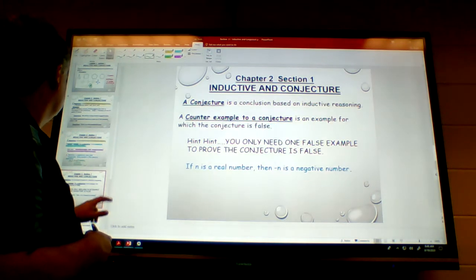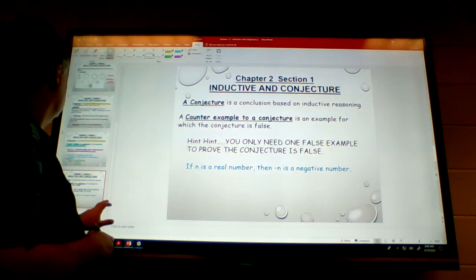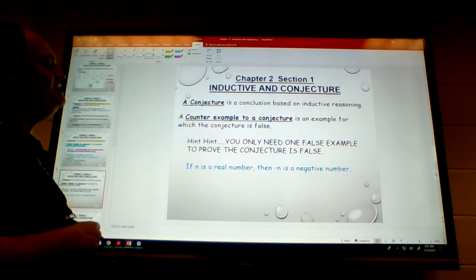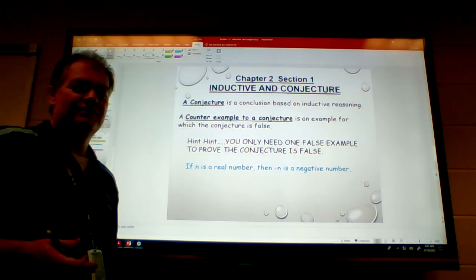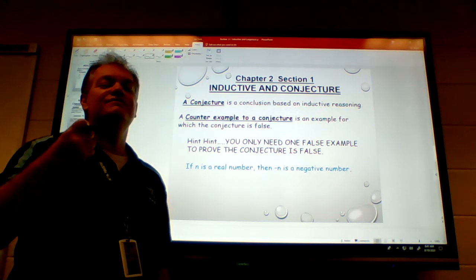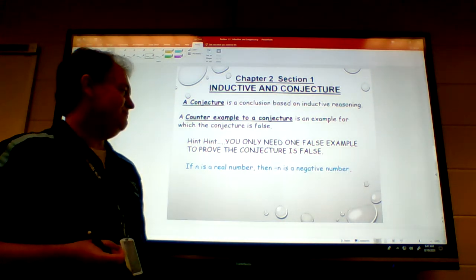All right, now another example is, if n is a real number, then negative n is a negative number. Now remember, n can be any number. So I need a value of n that will make this statement false.